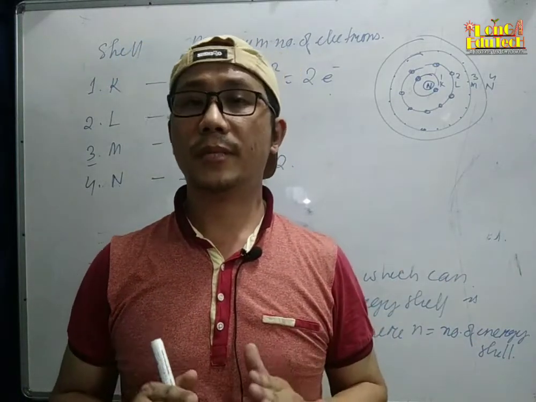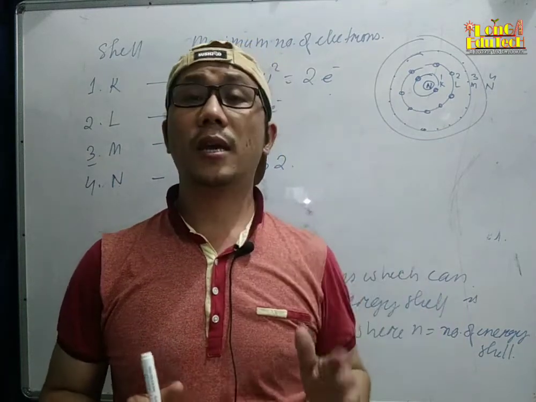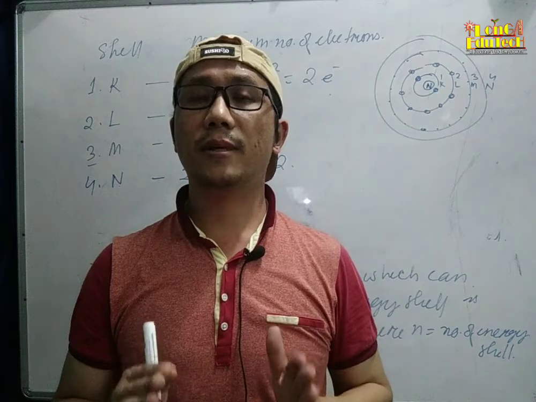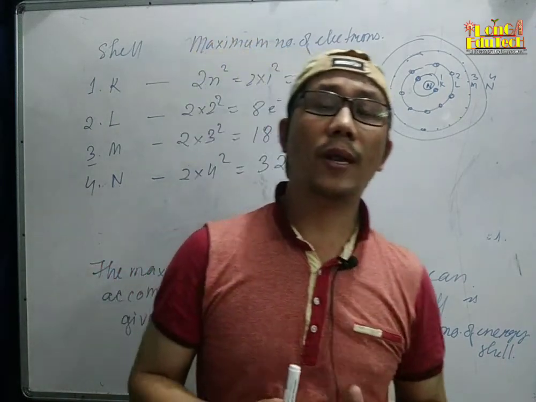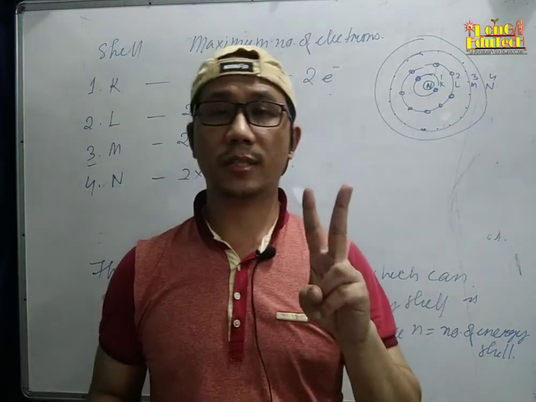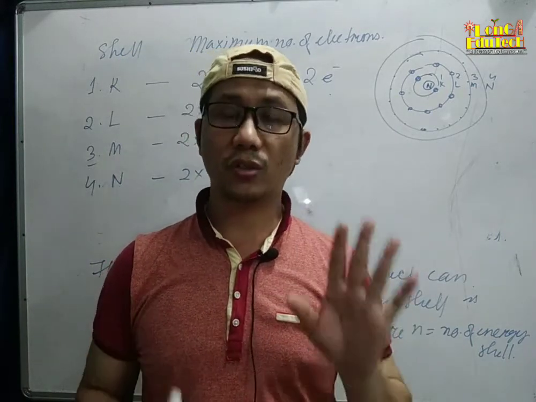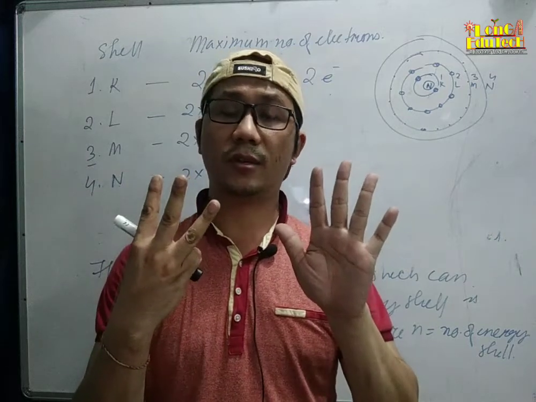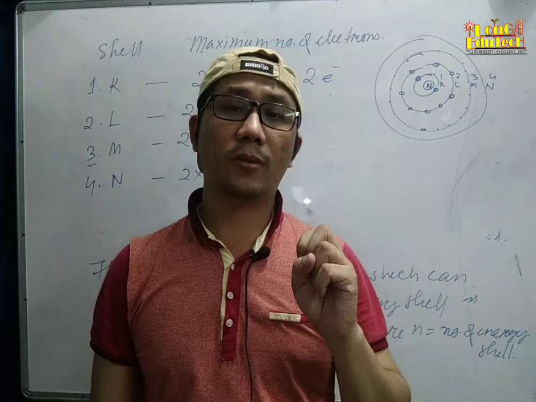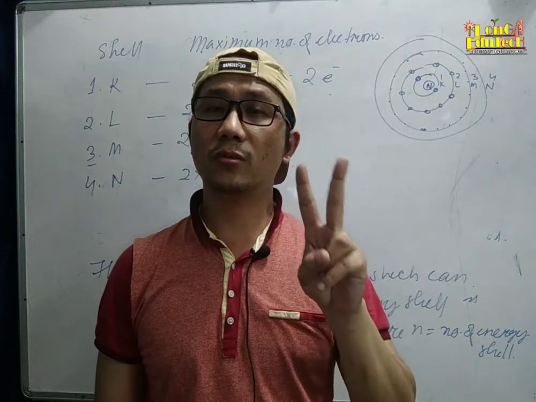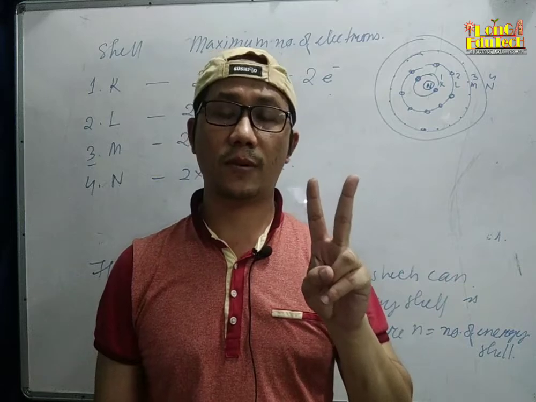But what happens while filling these electrons? Elements always tend to get stable configurations. An element becomes stable when it has 2 electrons, with exceptions for some elements, or 8 electrons in its atomic cell. Those elements that are stable with 2 electrons in the atomic cell are called duplet configurations.